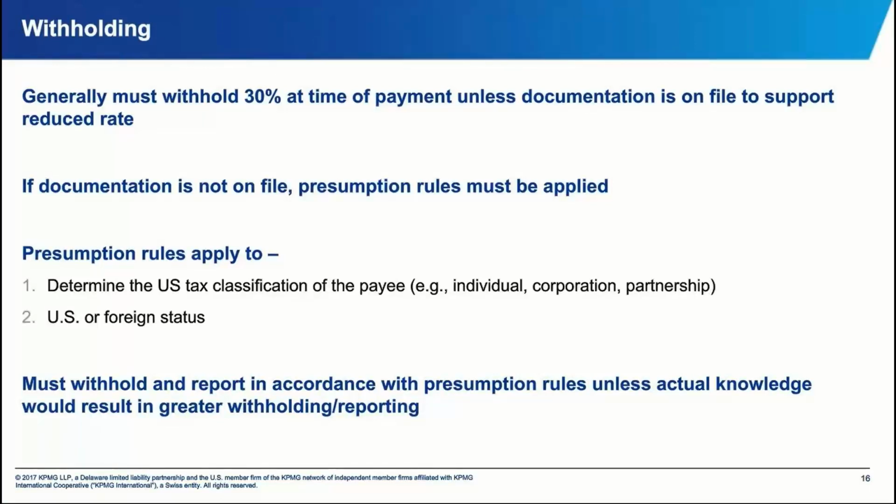So on the U.S. source income, you would withhold 30%, but because under 1441 there is no withholding on non-U.S. source income, you would have to presume them to be a U.S. non-exempt recipient and withhold 24% on the non-U.S. source income. So it can get very convoluted. So the key is to get the valid tax documentation up front so you don't find yourself in this scenario.